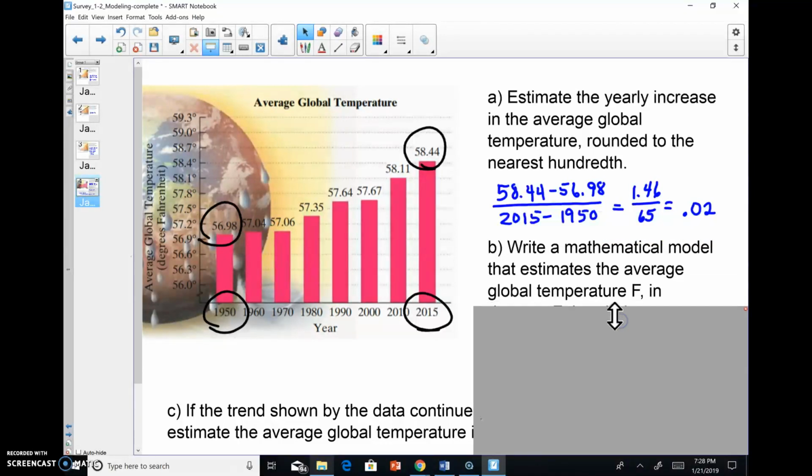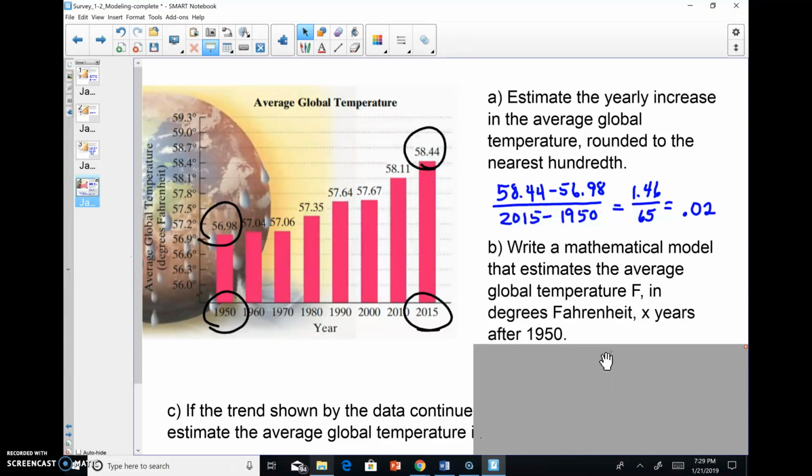Now we want to make a model that estimates the average global temperature, we're going to call it F, in degrees Fahrenheit, X years since 1950. So you're going to start with the 1950 value and add to that, because we're increasing, 0.02 degrees every year.